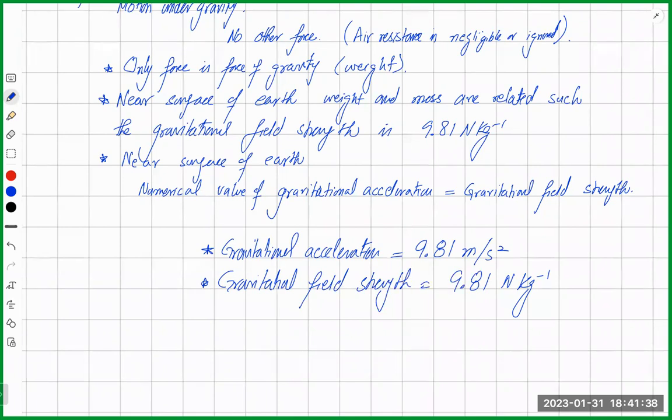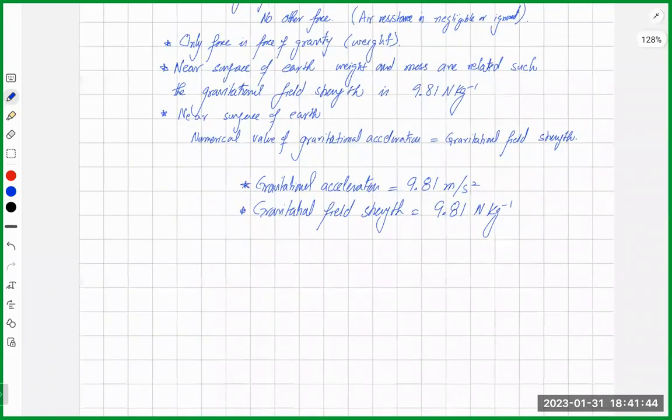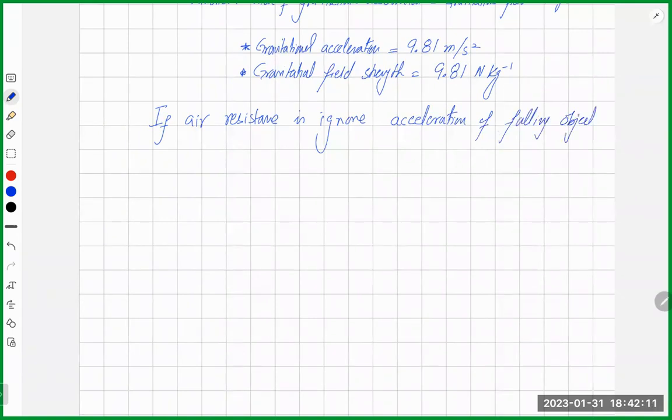Now, if air resistance is ignored, the acceleration of a falling object remains constant.